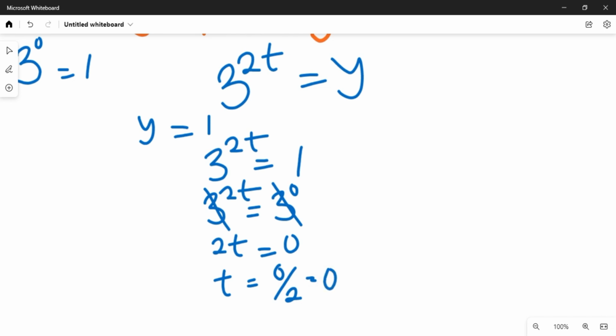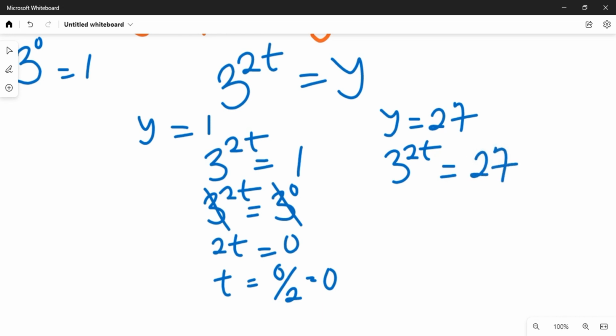Now on the other hand, if we have our y to be equal to 27, we're going to have our 3 raised to the power of 2t to be equal to 27. Now remember, 3 raised to power 3 will give us 27. So that will give us 3 raised to power 2t to be equal to 3 raised to power 3.